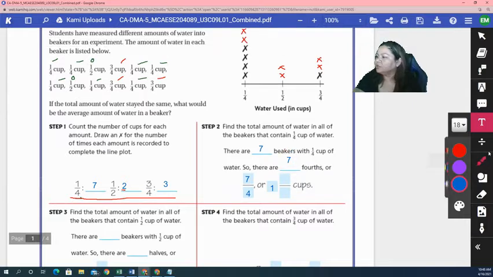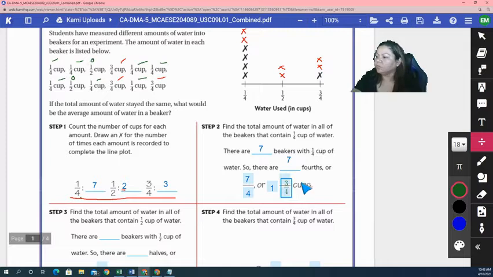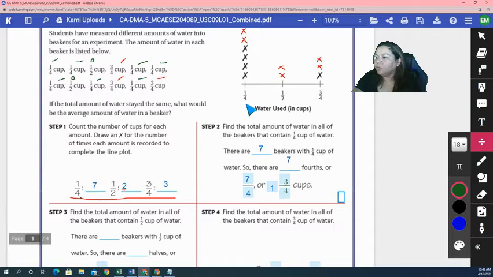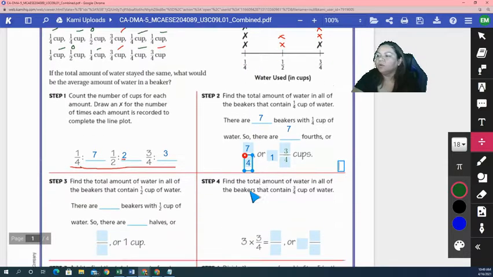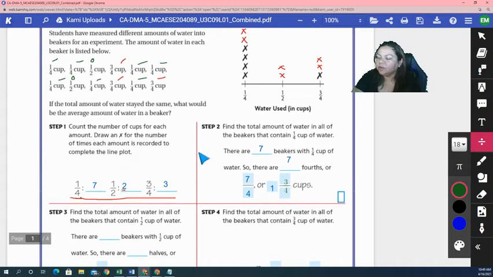Oh, that should be a fraction. Let's write it here. There you go. So we completed the statement because we're just reading the information. If we wanted to know how much water we have of the 1/4, we have 7/4 or 1 3/4 cups. And so we're going to do the same for the other items.